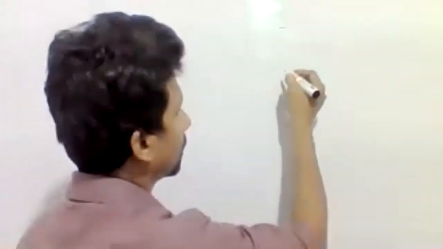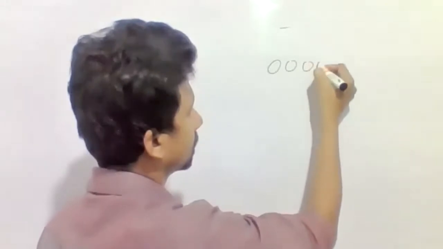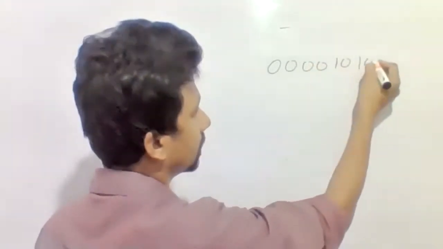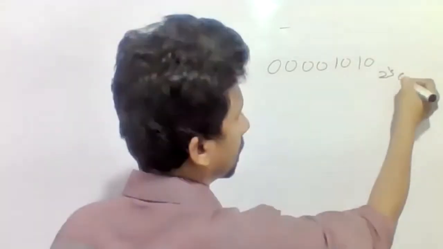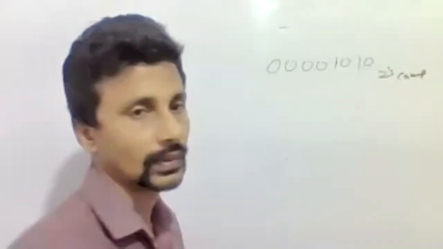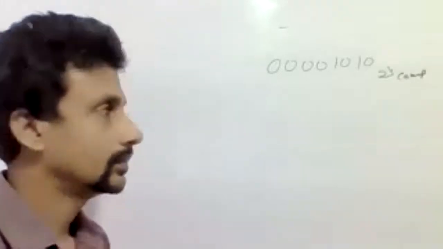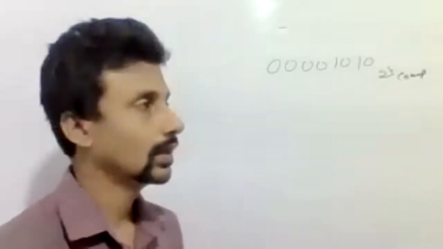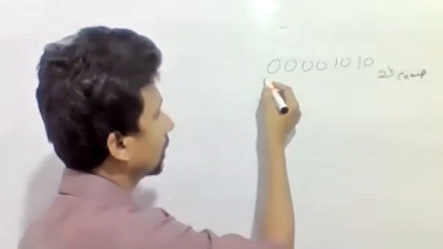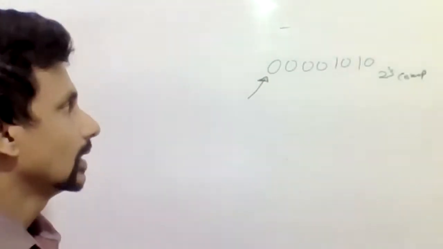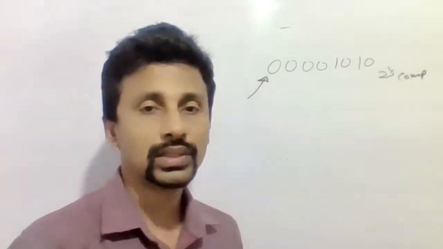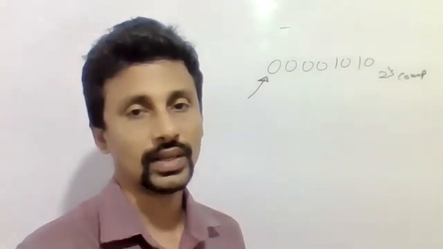Now I am getting something like this, 0 0 0 0 1 0 1 0 in 2's complement, right? If you get a question like this, you have to check this first bit. If it is 0, you decide it is a positive value.